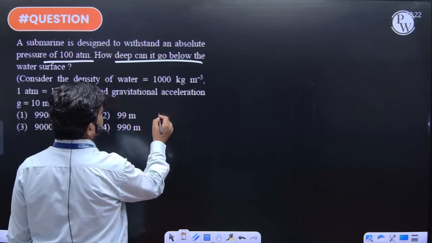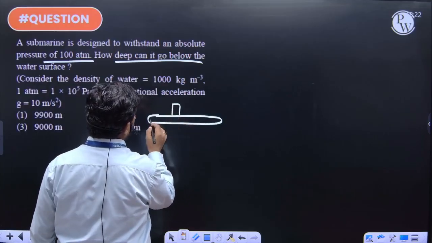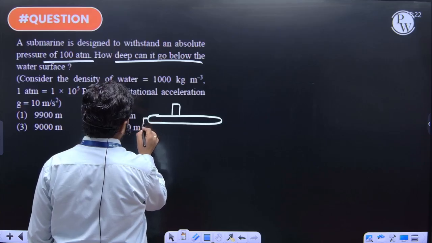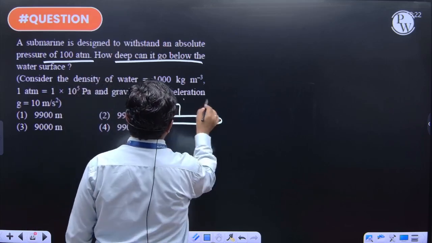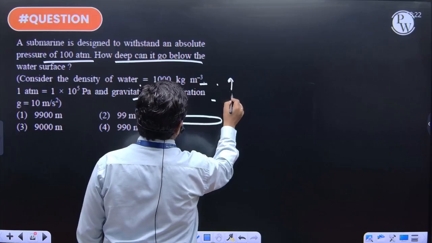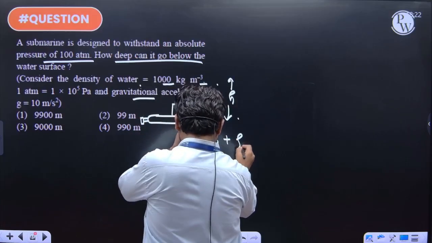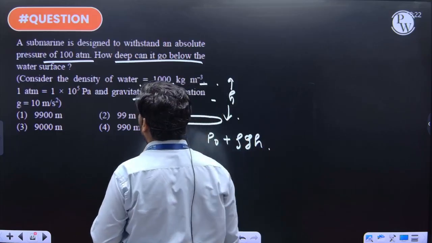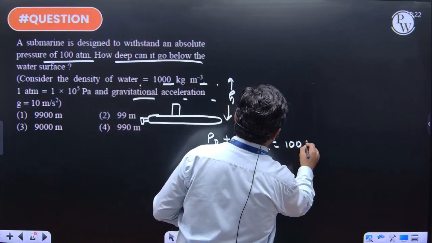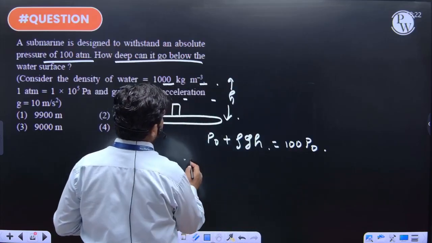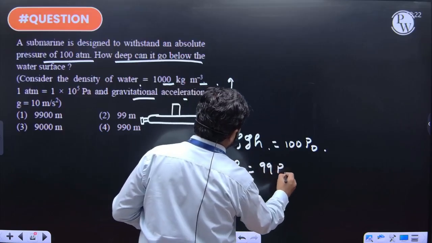Suppose this is a submarine going to a depth h. At this point, what is the pressure? P naught plus rho gh, that is equal to 100 P naught. So rho gh must be equal to 99 P naught.